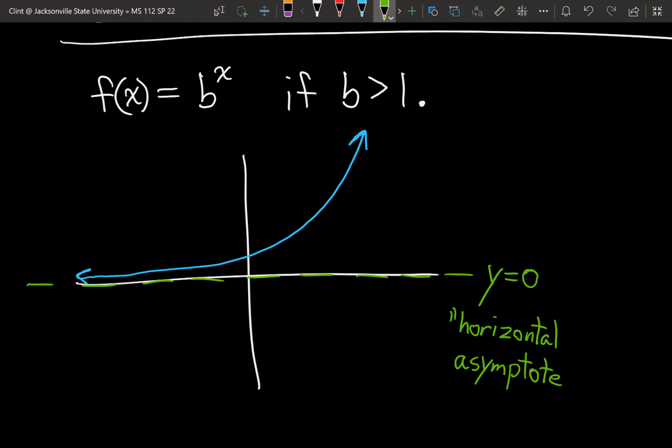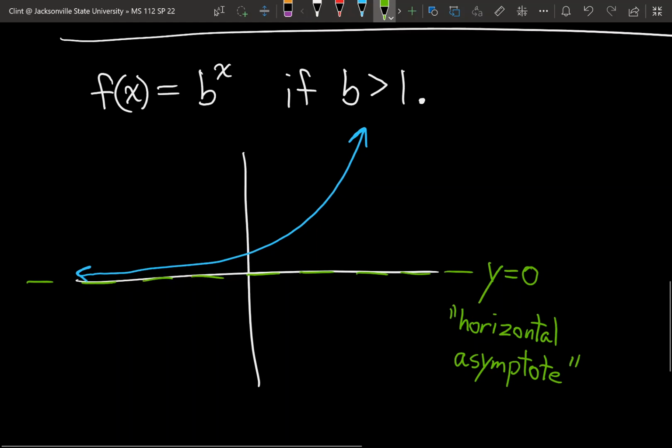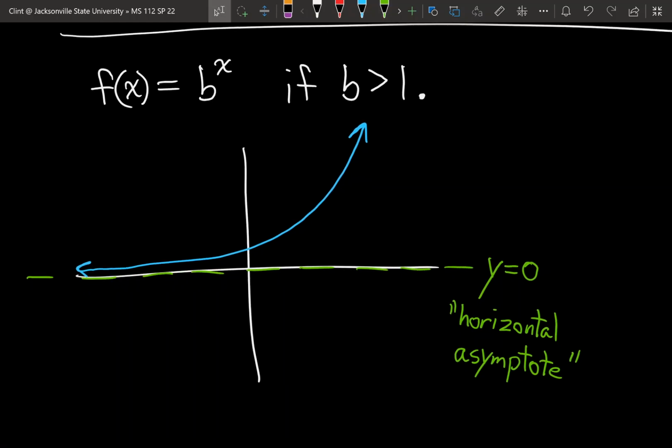Okay. I think that's the right spelling. I always forget if there's one S or two S's in that. One S.